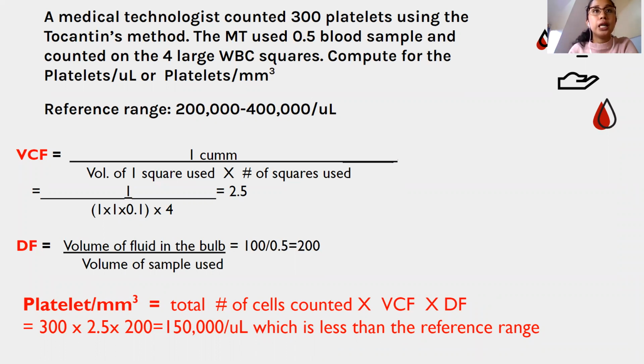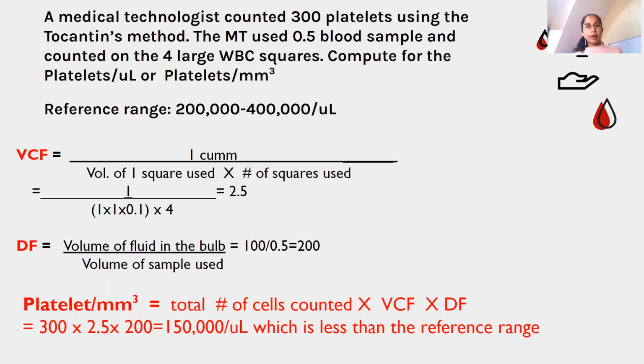So, class, ganyan lang kadali. Please practice. Class, so this is a computation when you count only in one chamber. Pag sa dalawang chamber ka nag-count, you get the average number of platelets on chamber 1 and chamber 2. So, kunyari, 300 yung nakuha mo sa chamber 1, tapos 250 yung nakuha mo sa chamber 2, 275 yung average.